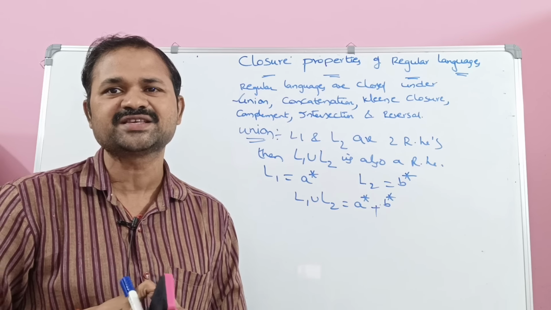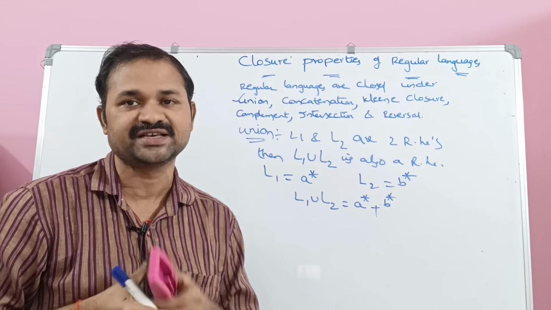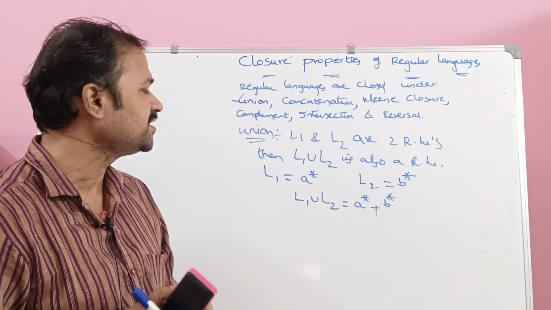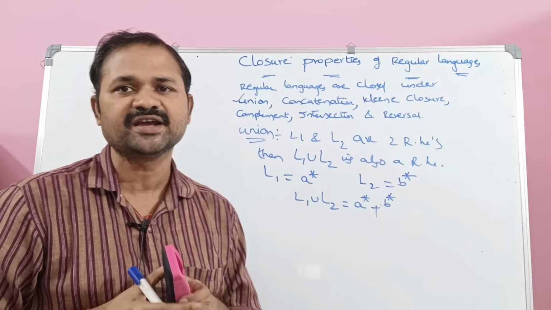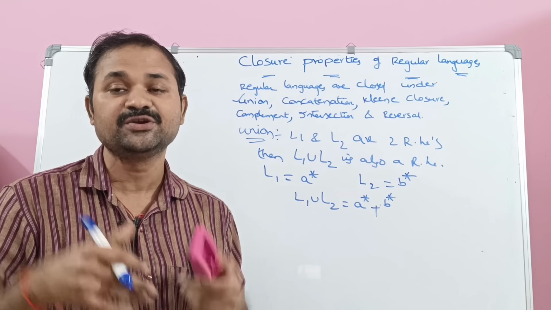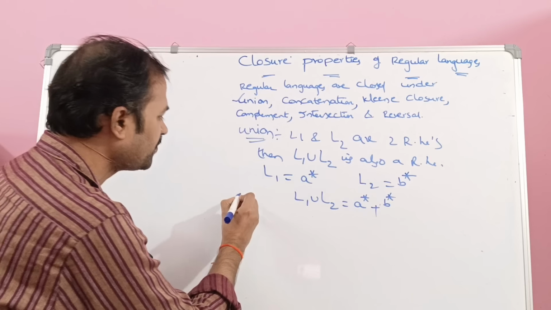Any number of a's or any number of b's. So this is also a regular language. So we can say that regular languages are closed under union. If L1 and L2 are two regular languages, then L1 union L2 is also a regular language. Let us see the second property.